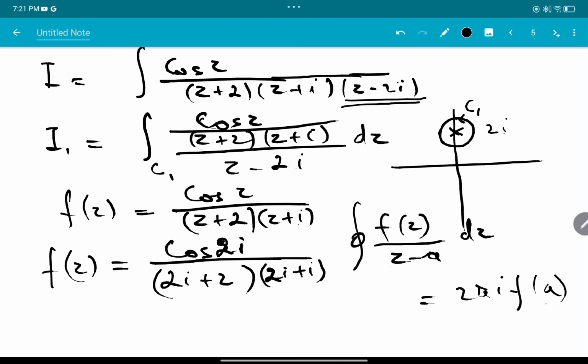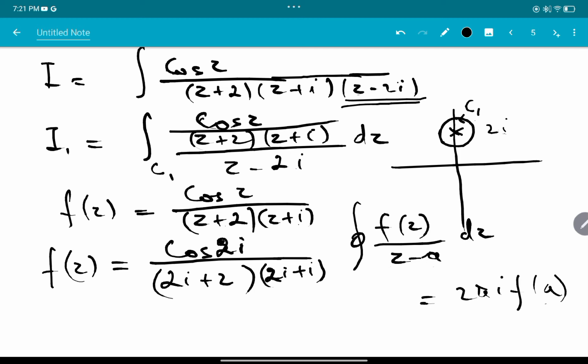It should have z? Sorry, no, it is only cos 2i. The value of z is to be substituted, that is 2i. So that is why it is cos 2i. Okay, right? No problem.